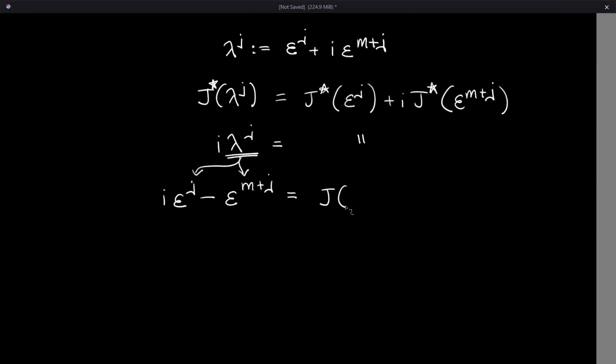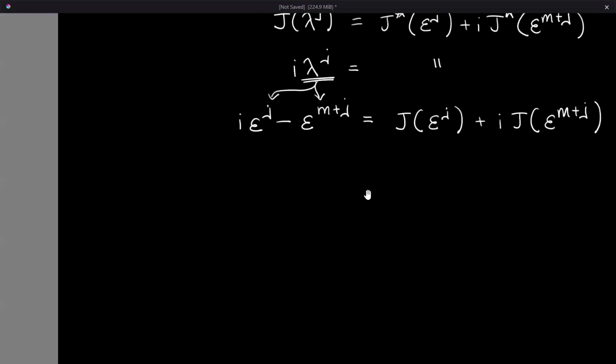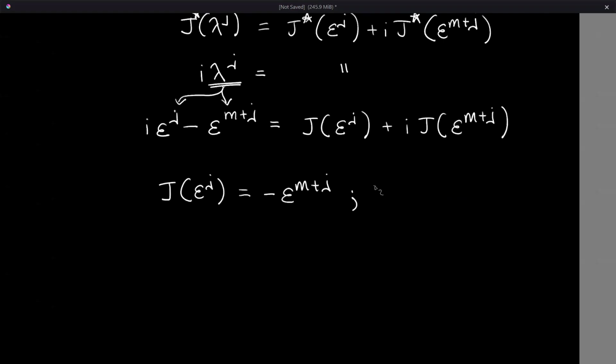So that's equal to J of epsilon j plus i J of epsilon m plus j. So then we equate the imaginary and the real parts like the last time we did it. That gives us J of epsilon j is equal to minus epsilon m plus j, and J of epsilon m plus j is equal to epsilon j.